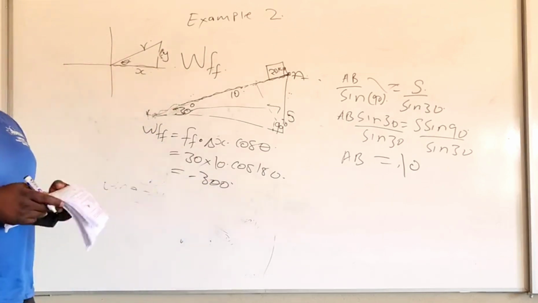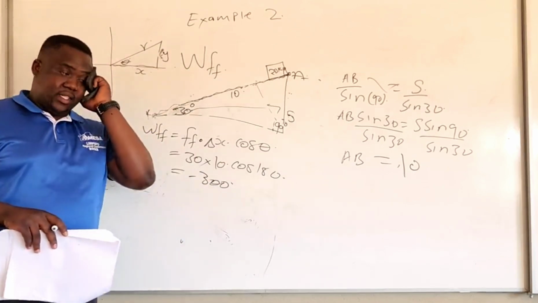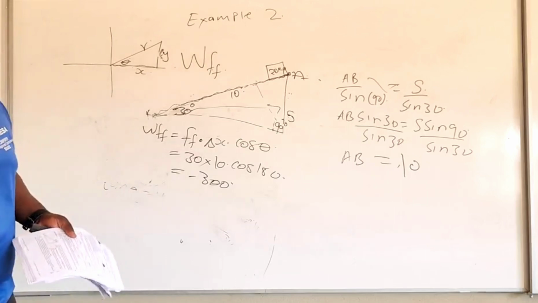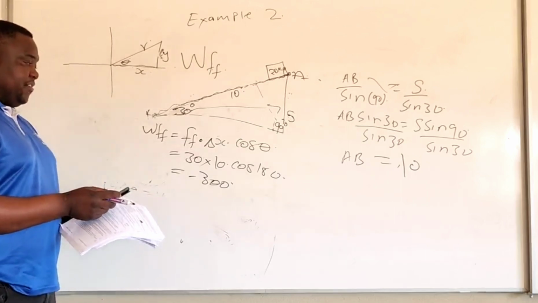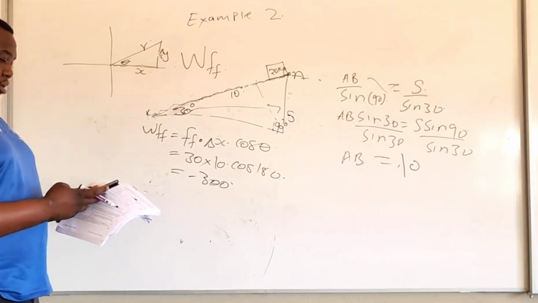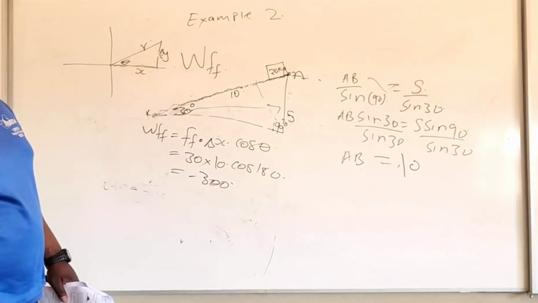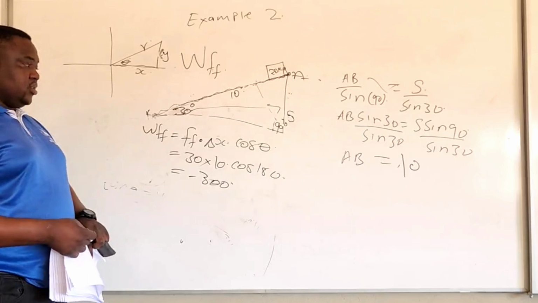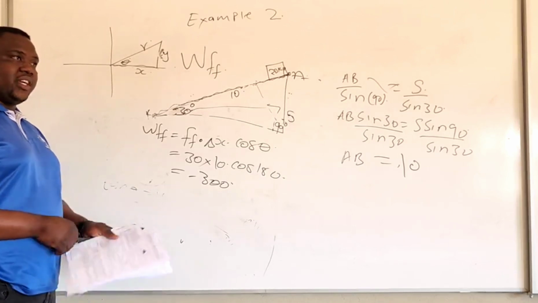So the work done by frictional force is how much? It's negative 300. The work done by frictional force is negative 300.